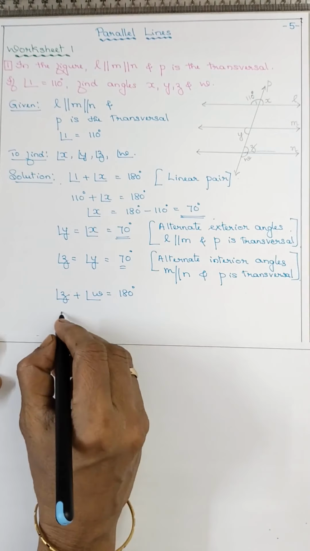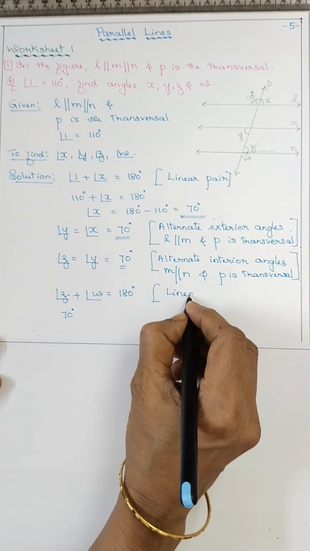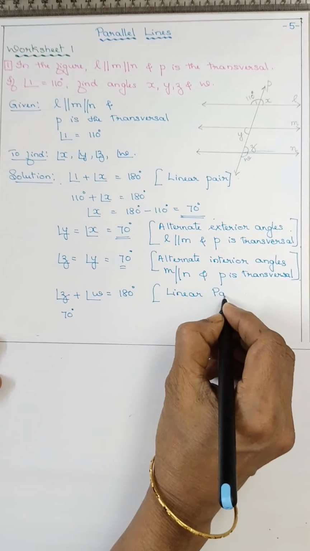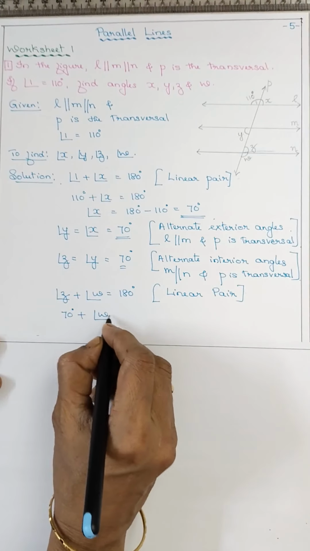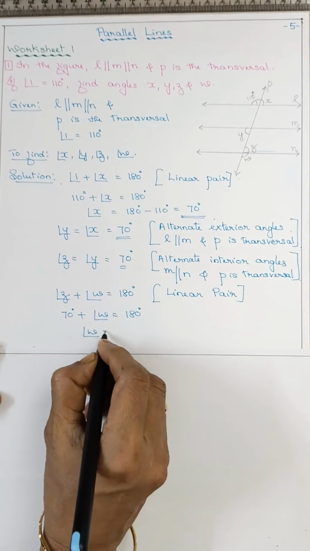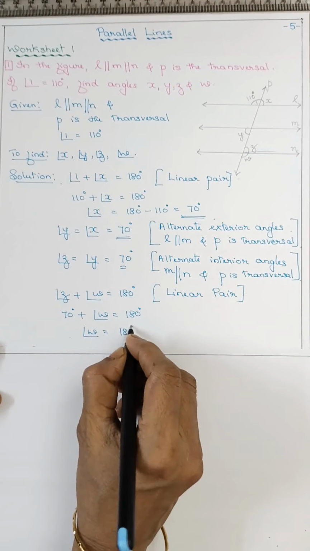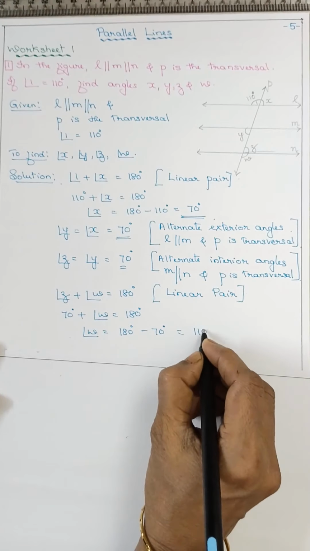Z you got 70, right, linear pair, plus angle W is equal to 180. So angle W is equal to 180 minus 70, that is 110.